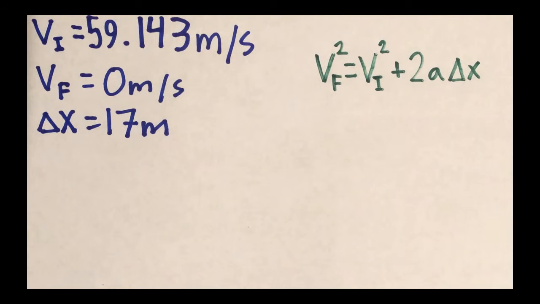Knowing that when the character enters the water, he is going 59.143 meters per second, and when he ends, he's going 0 meters per second, we can determine the acceleration if we know how far he stops in, which is 17 meters. Using v squared is equal to v naught squared plus 2a delta x, we can determine the acceleration.